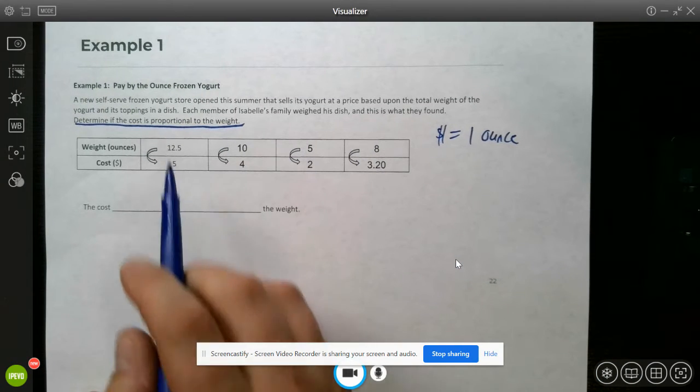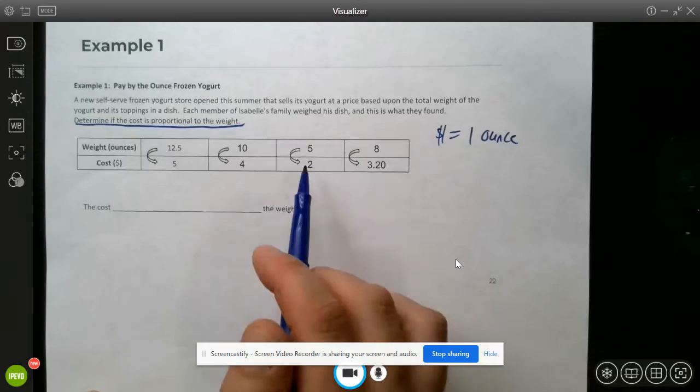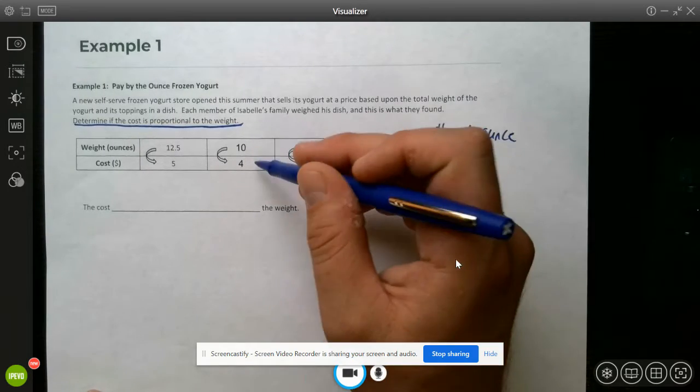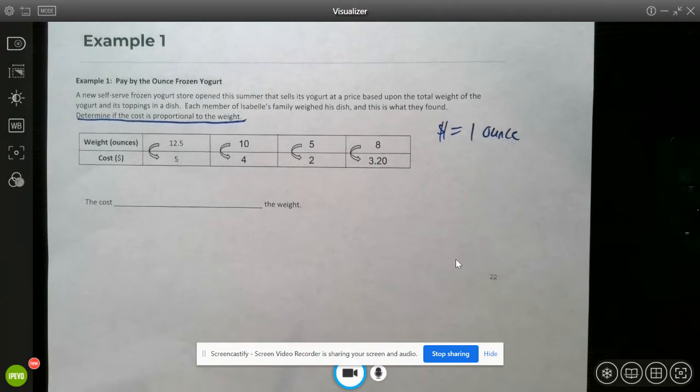So we need to determine if they pay the same amount per 1 ounce of yogurt. So in order to do this, we're going to look at these ratios and we're going to divide them to find the constant, which is how much they pay per 1 ounce of yogurt, right?